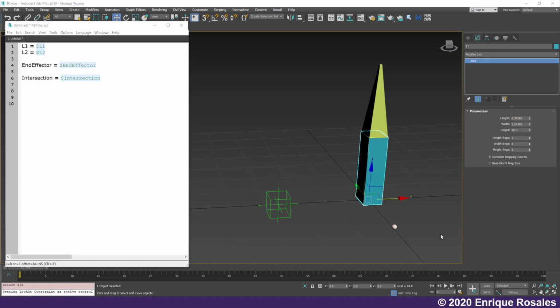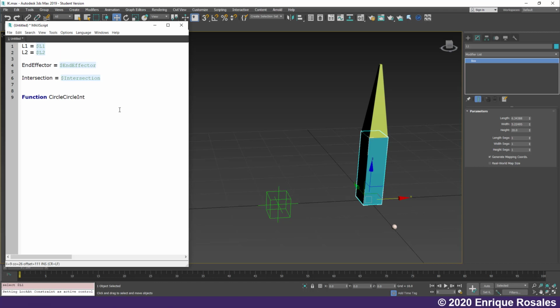Okay, so now I will create a function to compute the circle-circle intersection. It will basically need the center of these circles and also the radius of the circles.